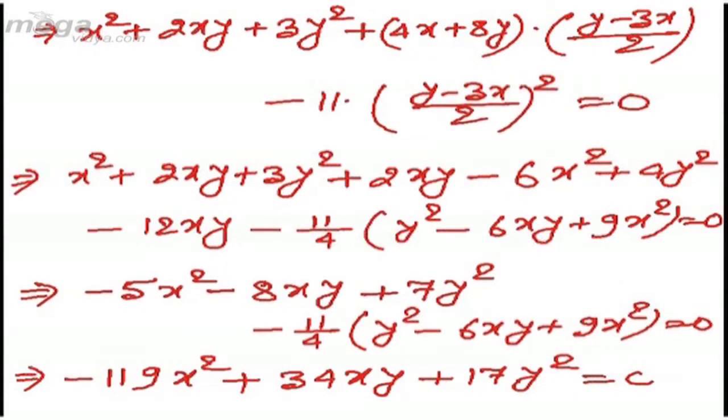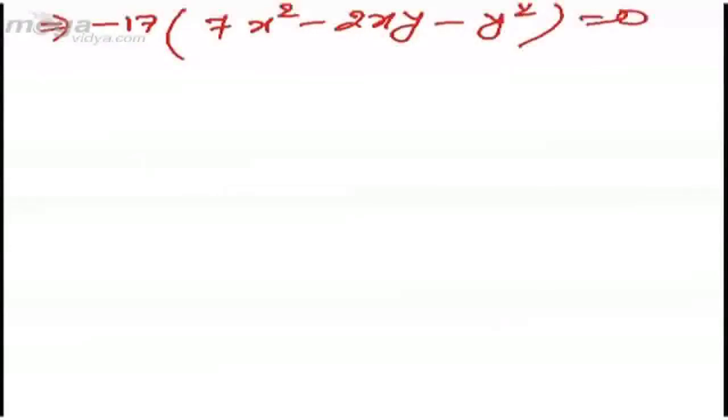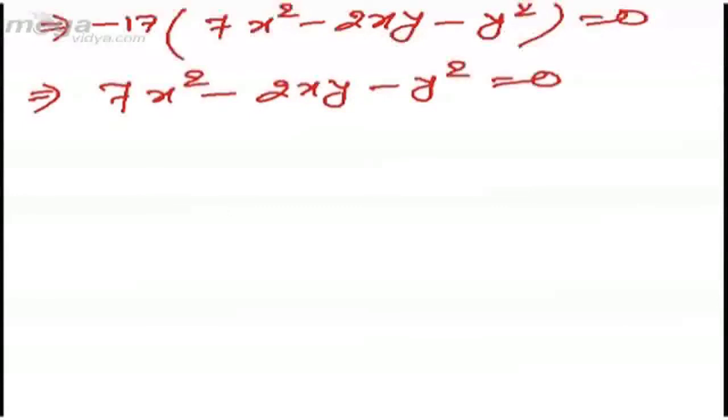Now here we can take minus 17 common. After taking minus 17 common, we'll get here 7x square minus 2xy minus y square is equal to 0. So finally you will get 7x square minus 2xy minus y square is equal to 0 as the equation of the pair of straight lines.